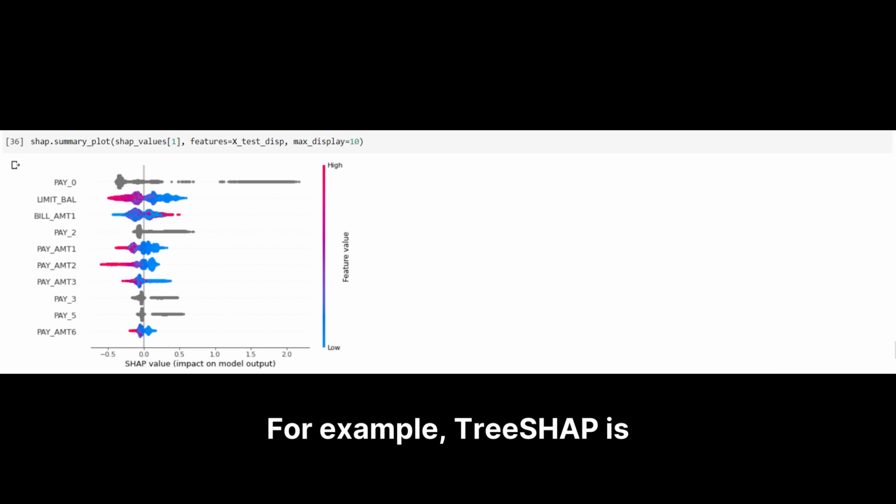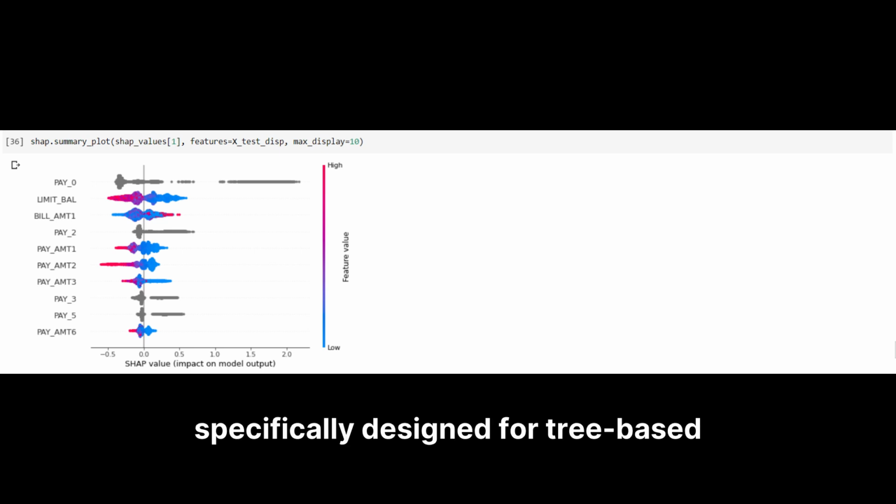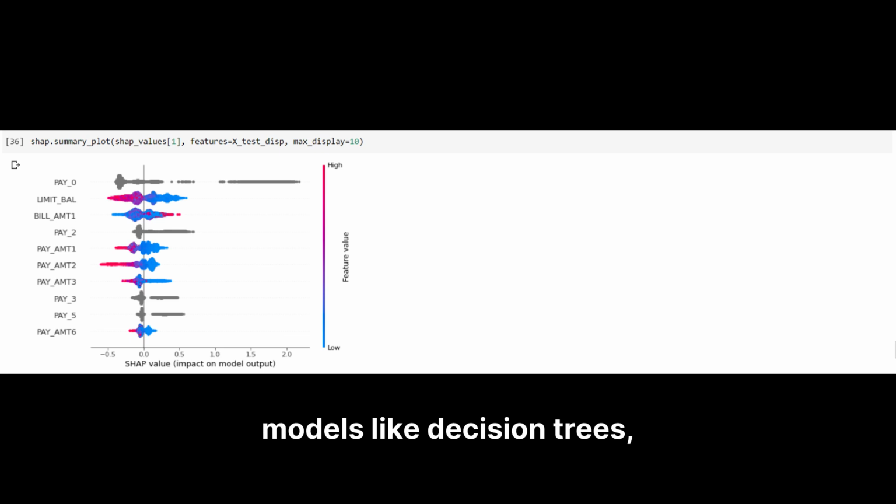For example, Tree SHAP is specifically designed for tree-based models like decision trees, random forests, and gradient boosting machines. It calculates SHAP values in linear time relative to the number of leaves in the tree, making it incredibly fast and efficient. This is a game changer for data scientists who are often pressed for time and need quick insights.